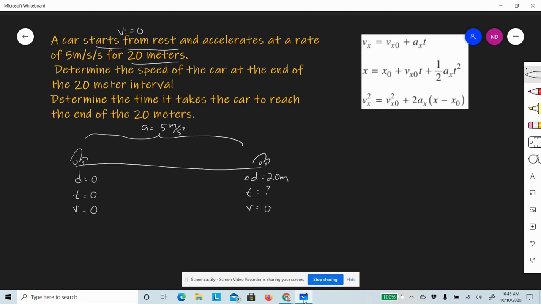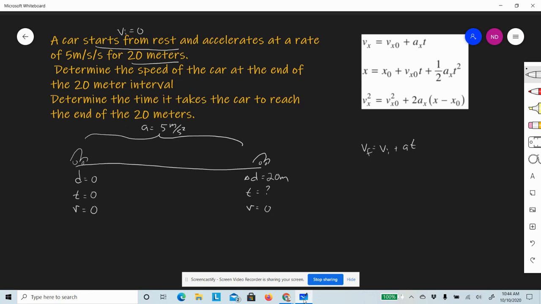Now, you figure out what do we need? We need to know speed at the end of this. So we need an equation with final speed, or Vx, right? Well, look at this top equation: V final equals V initial plus AT.